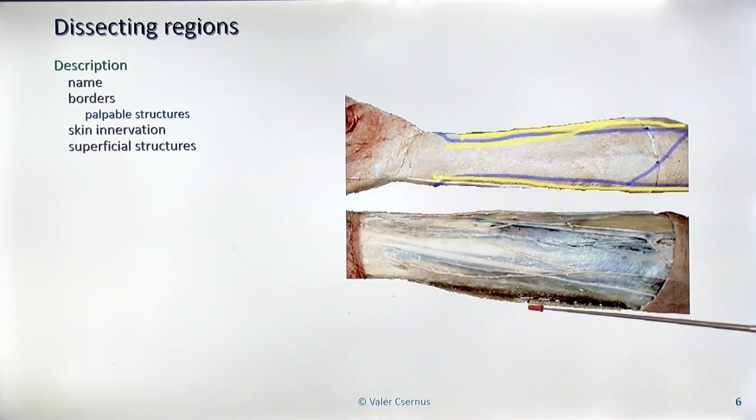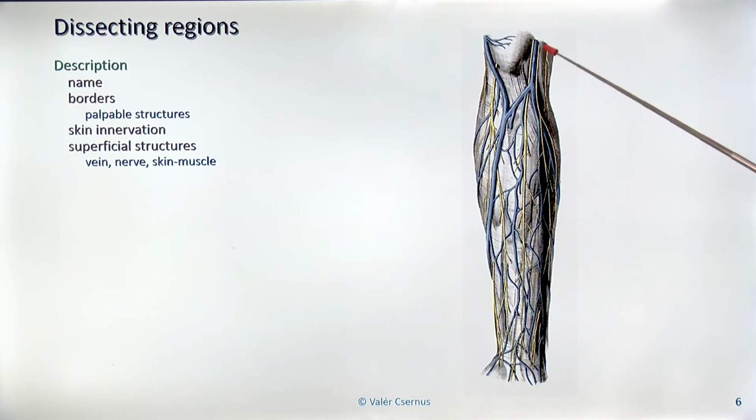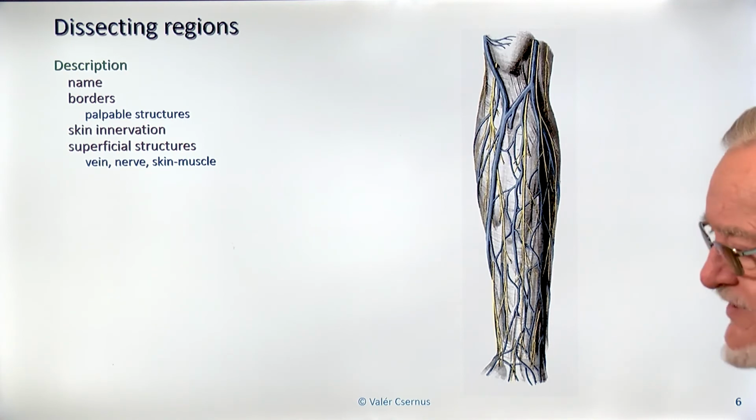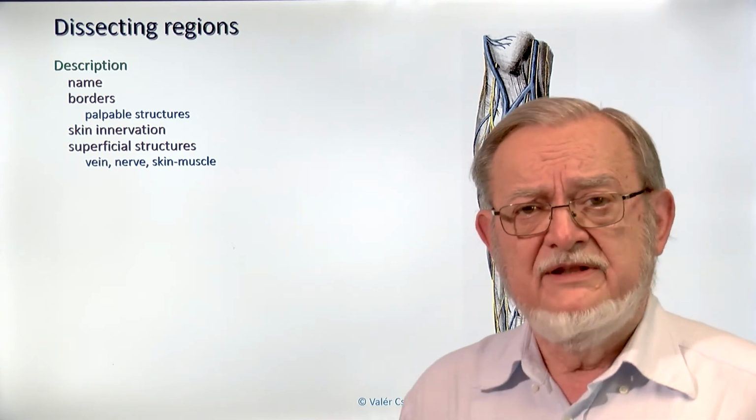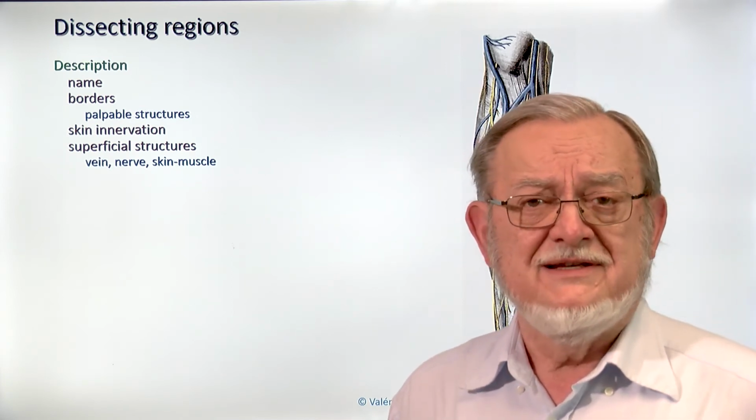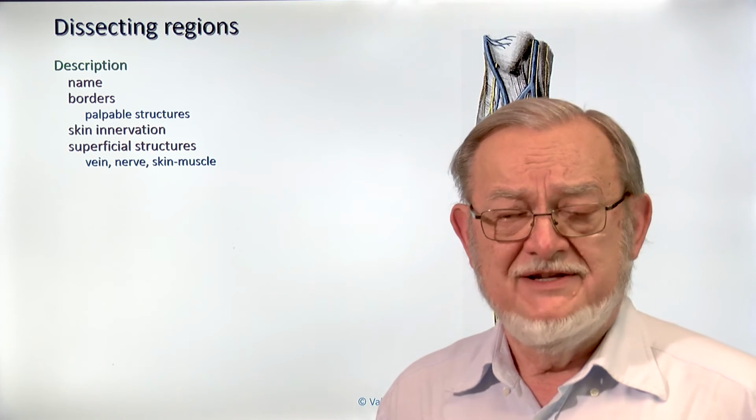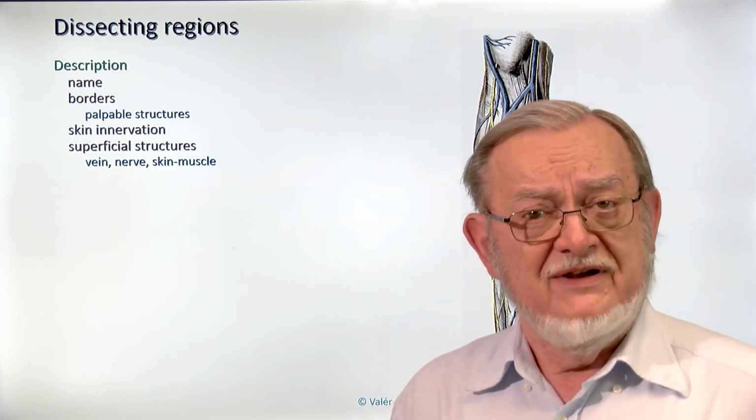Then the next step is to remove the skin, and you have to talk about the superficial structures. This is what I mentioned before. Especially we have veins and nerves in almost all areas. And some of the skin nerves which are responsible for the skin innervation are not dissectable. They are so tiny they cannot be dissected, but some of them are very well dissectable.